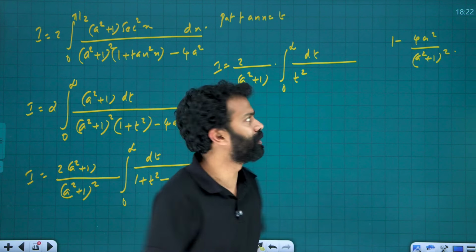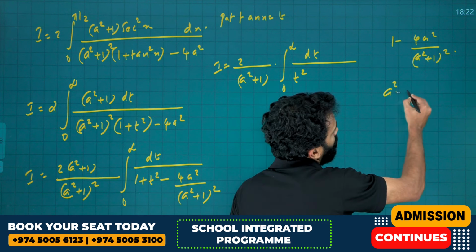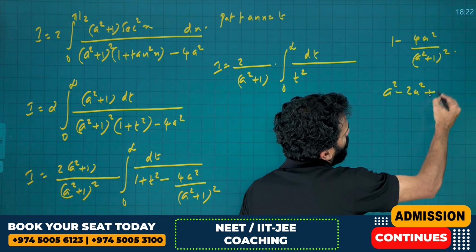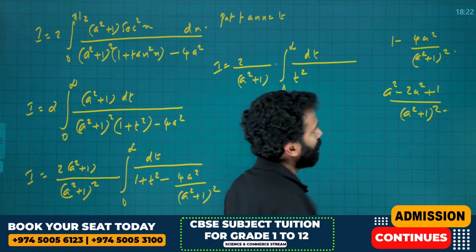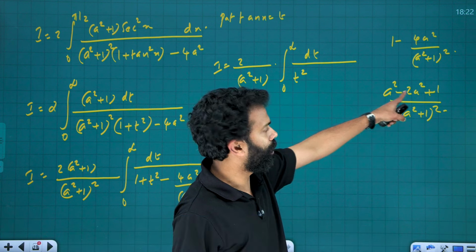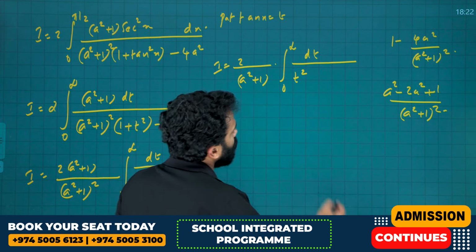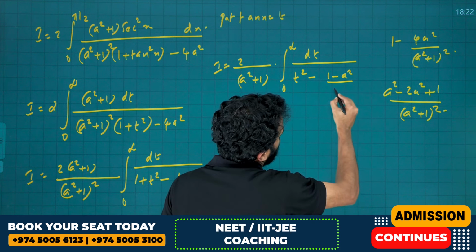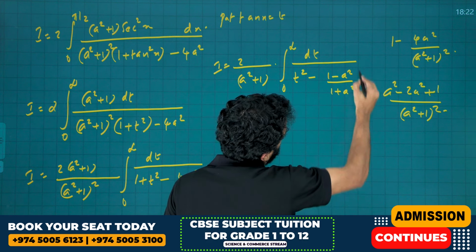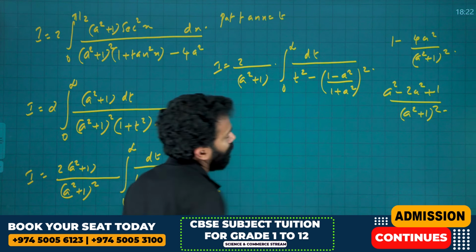So the numerator becomes a raised to 4 minus 2a square plus 1, divided by a square plus 1 the whole square. That is a square minus 1 the whole square. Therefore, t square plus 1 minus a square by 1 plus a square the whole square. It can be written like that.